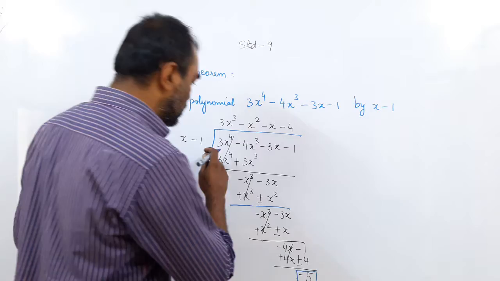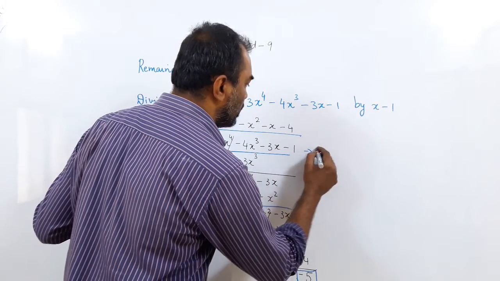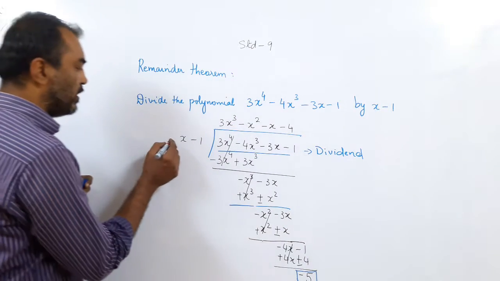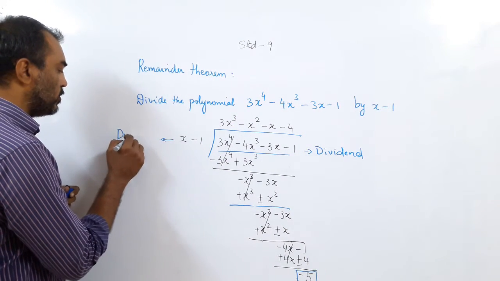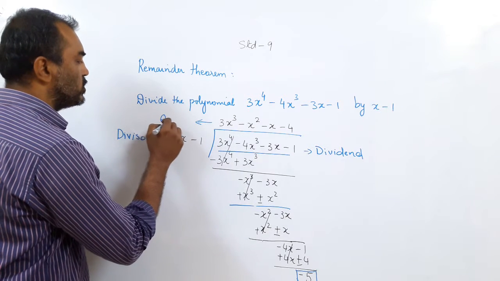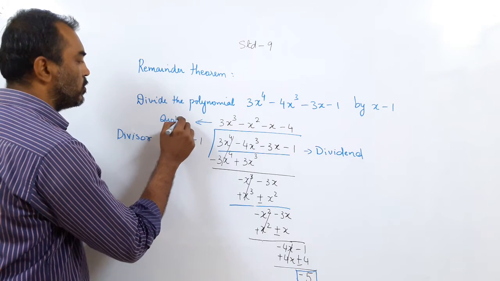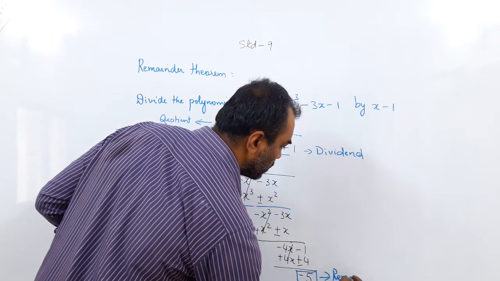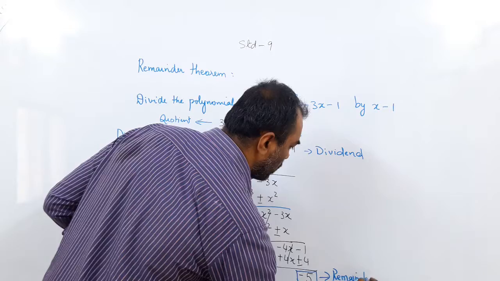So when you divide anything, follow now. The polynomial which you are dividing is your dividend. What you are dividing with is your divisor. This is your quotient. This is the remainder. So how do we write it?